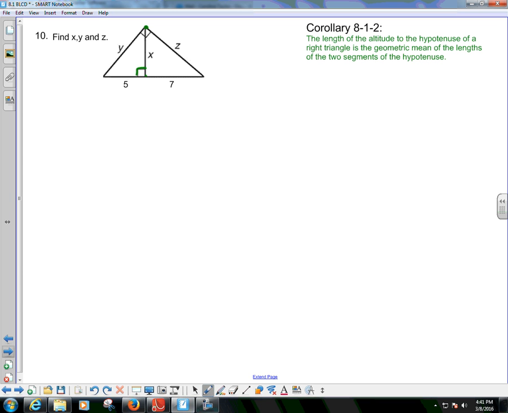So my altitude is x for this because our formula ended up being x squared equals, and then we took the 2 segments of the hypotenuse that altitude created. So x squared equals 5 times 7.